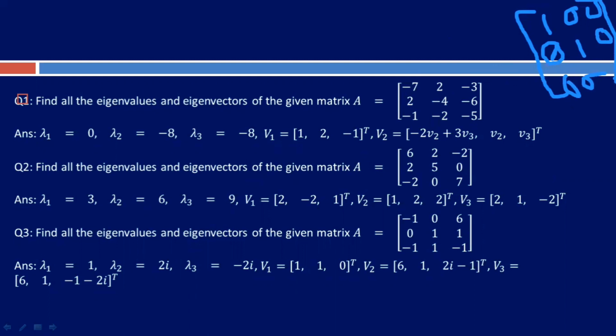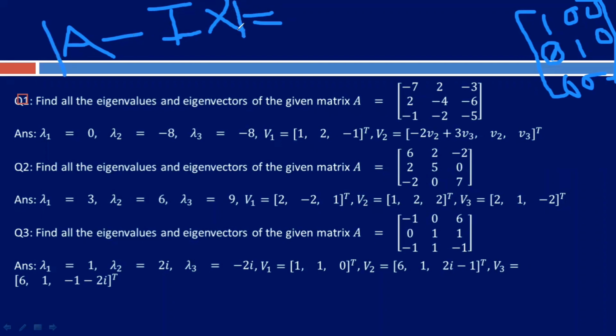This is our identity matrix. Our next step is A minus lambda I, multiplied with X. This is our characteristic equation, and then we have to find its determinant.